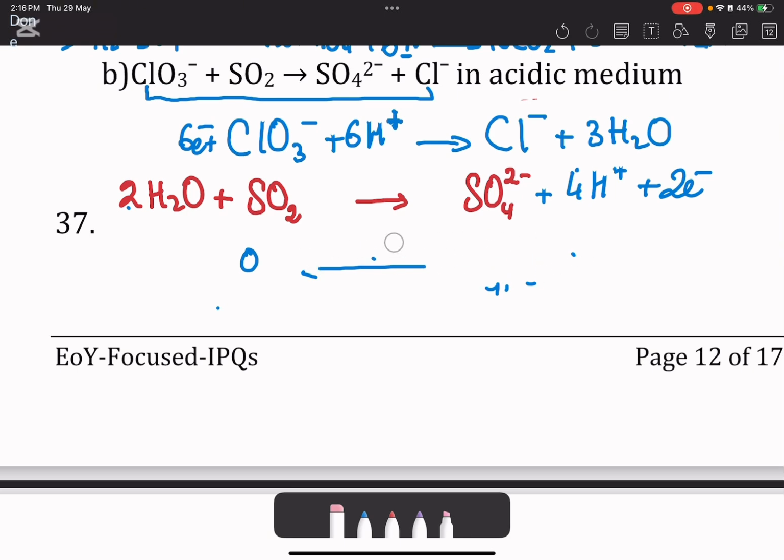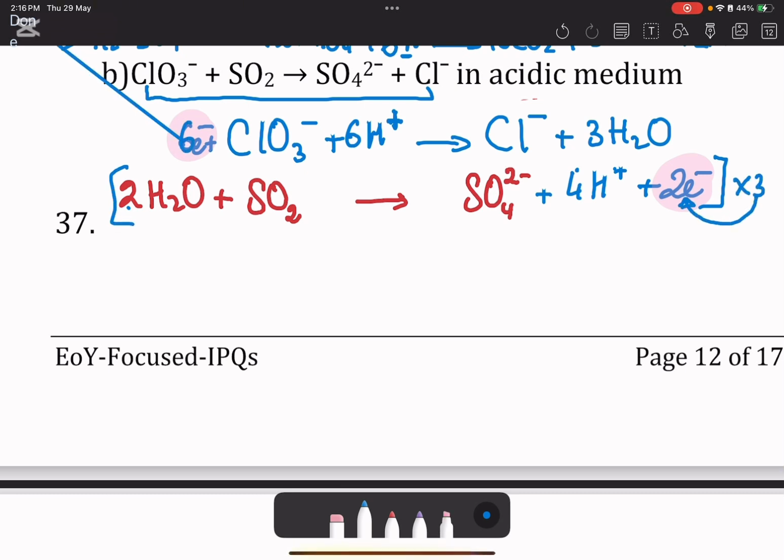Now, the overall equation. This one there's 2, and this one there's 6. What's the greatest common factor? I'm gonna multiply this by 3 because 3 times 2 makes it 6, and here I have 6. And I'm gonna add both of them.